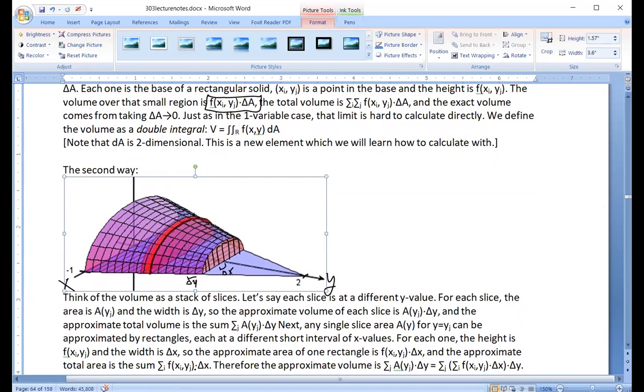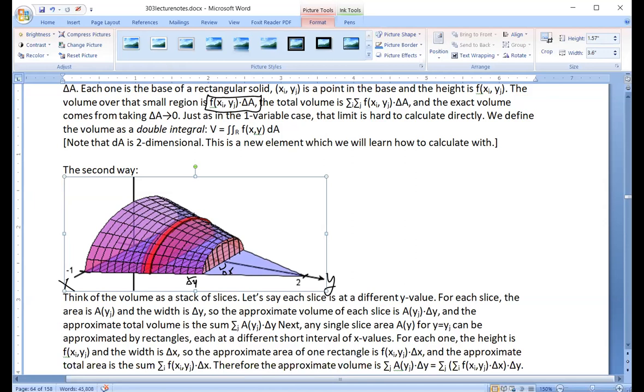So the approximate volume altogether, go back to what we had, the sum over j of A of yj times delta y, but we now have an expression for that and plug it in.